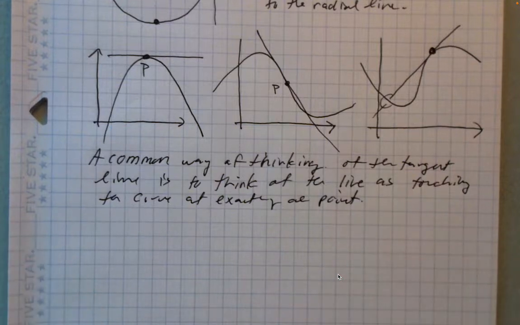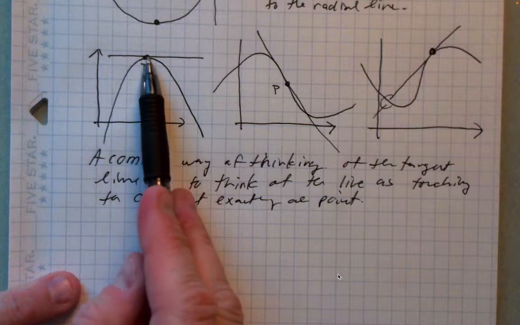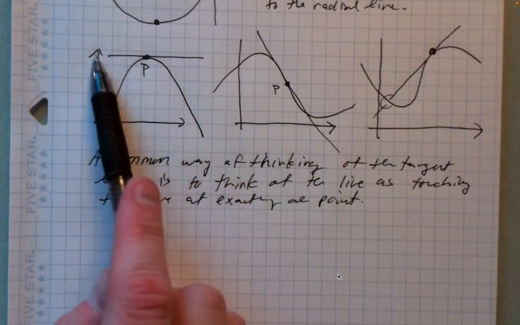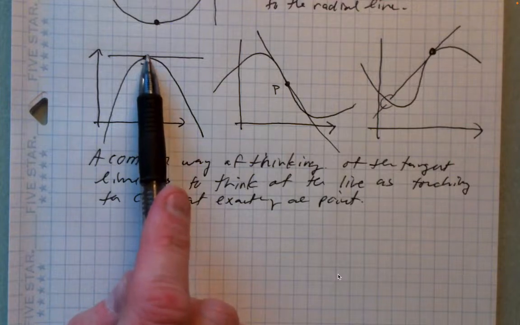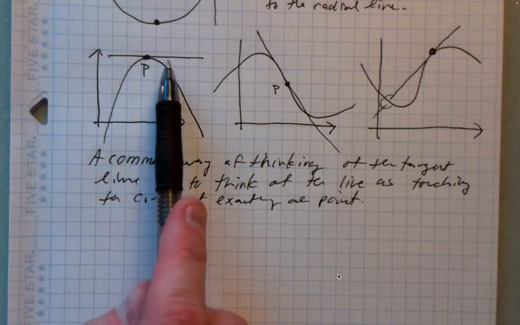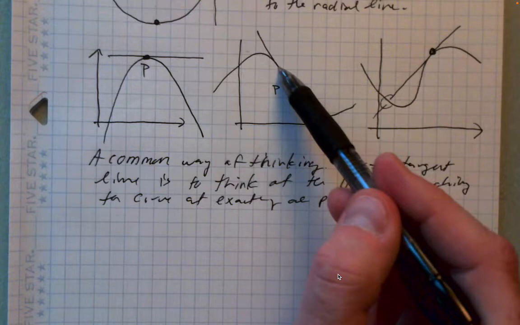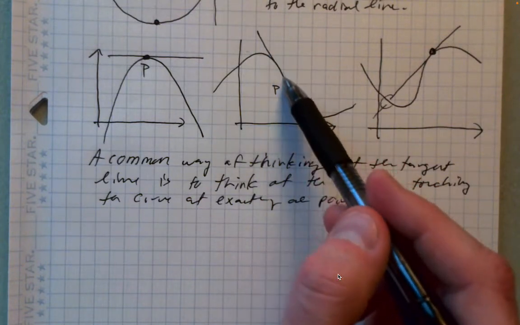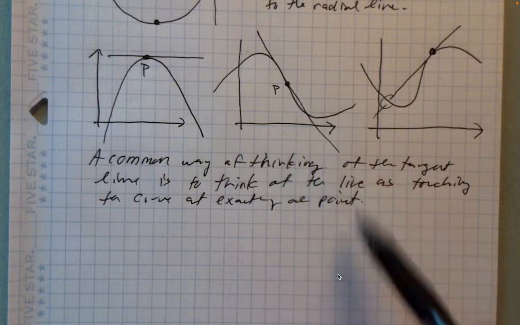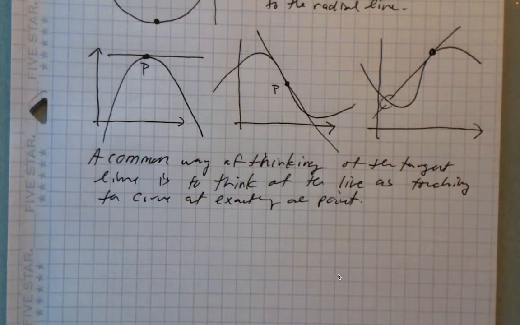So that's intuitive in some examples. For example, here, you could imagine this line just touching a single point here. In this case, it's poorly drawn, but you might be able to imagine that the tangent line is the line that cuts through this curve in such a way that it touches a single point.